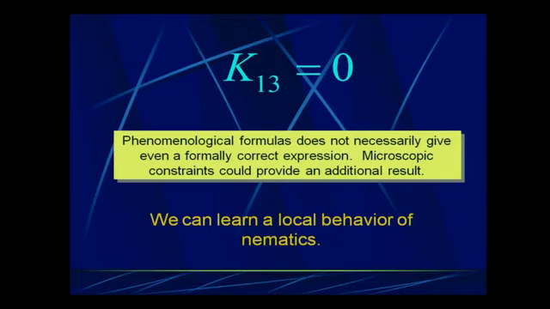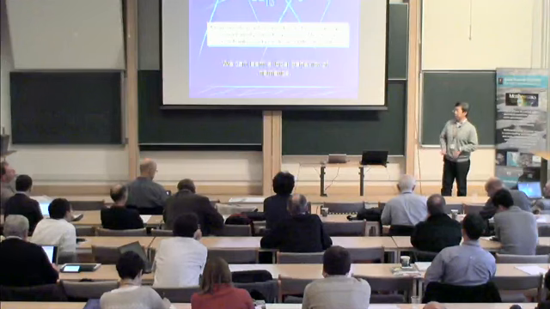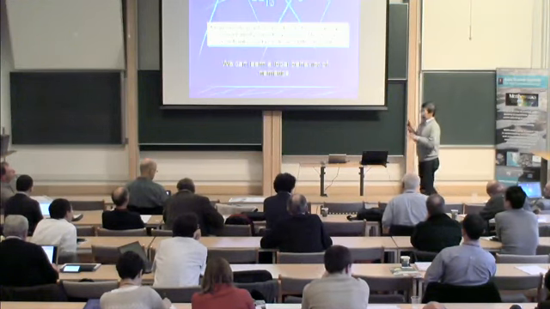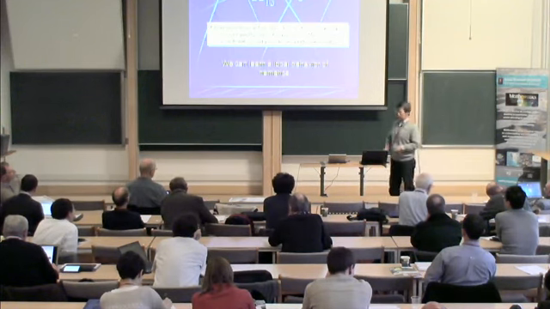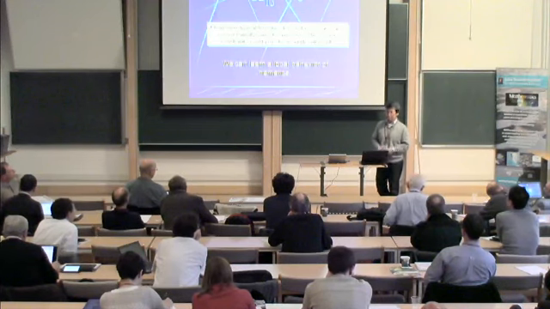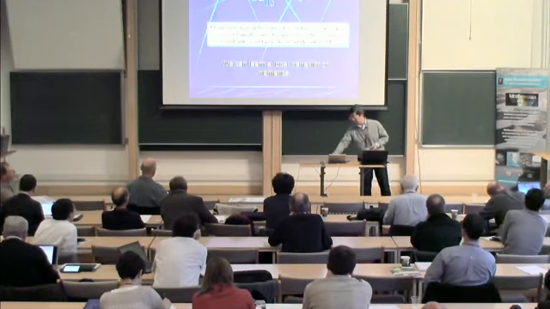In old days, Cauchy developed a microscopic theory of elasticity, and they found a relationship between elastic constants that couldn't be reached simply based on the symmetry argument. So this is not uncommon. Microscopic theory can give us additional information about the fundamental properties of elastic constants.